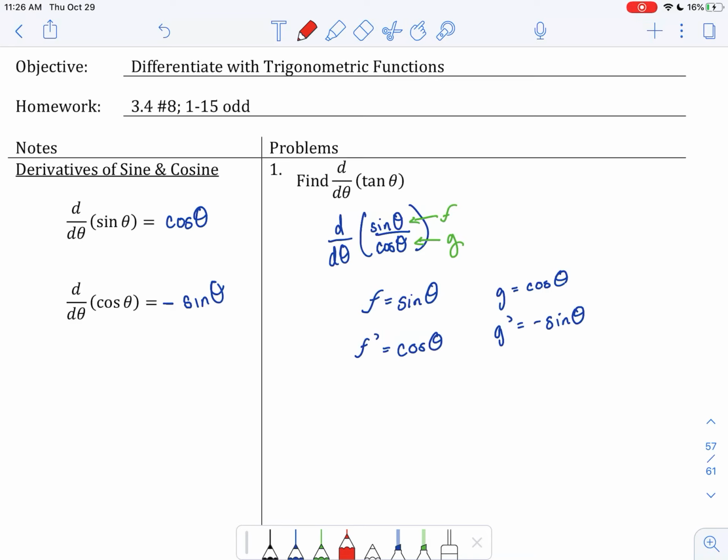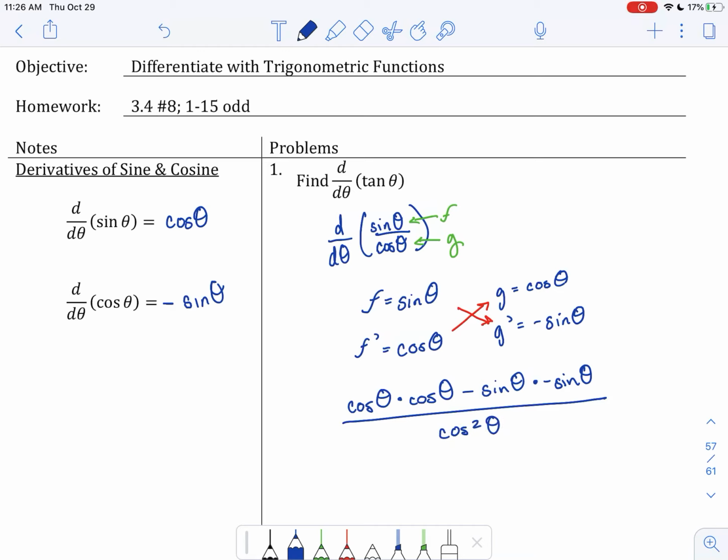Now, our numerator for our quotient rule is f prime g minus f g prime. And so then we get cosine theta times cosine theta minus sine theta times negative sine theta divided by g squared.